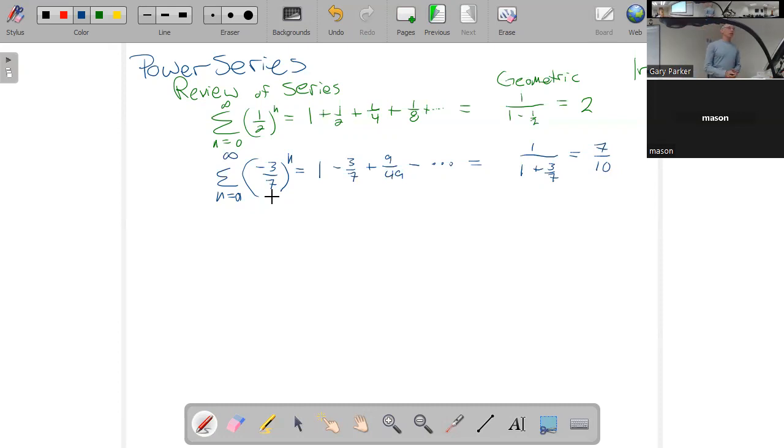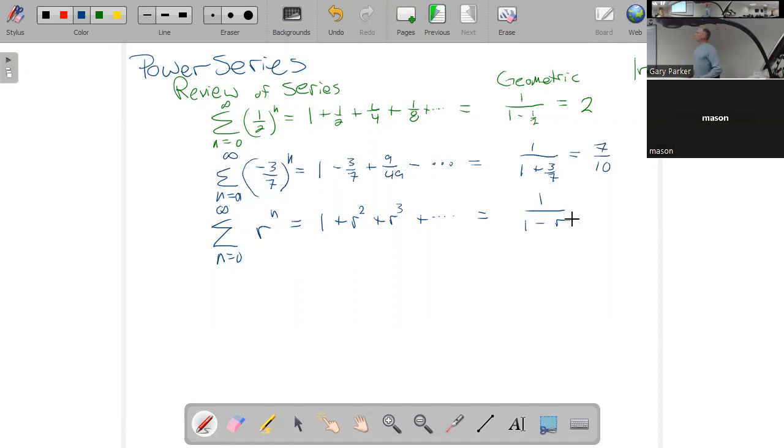Bottom line is, for any R that is less than 1 in absolute value, I have a convergent series. So in general, the sum from n equals 0 to infinity of R to the n will be 1 plus R plus R squared plus R cubed, and so on, like the two examples above. And since I picked the starting term of 1, it's going to be 1 over 1 minus R.